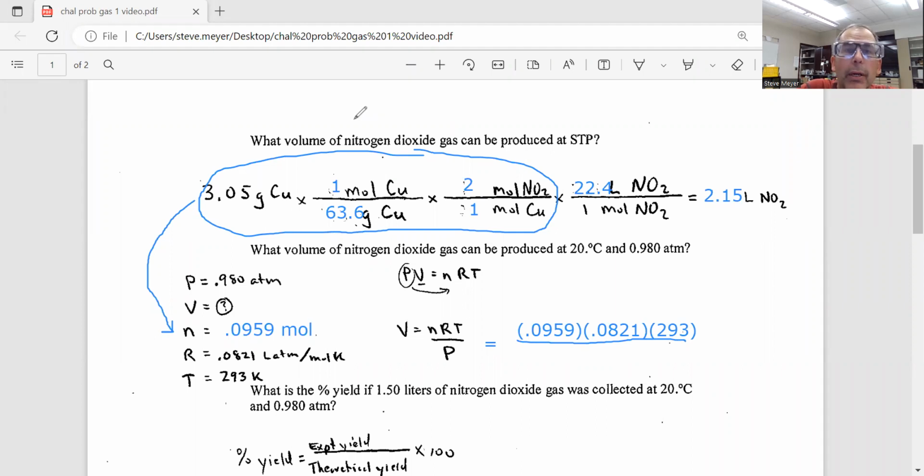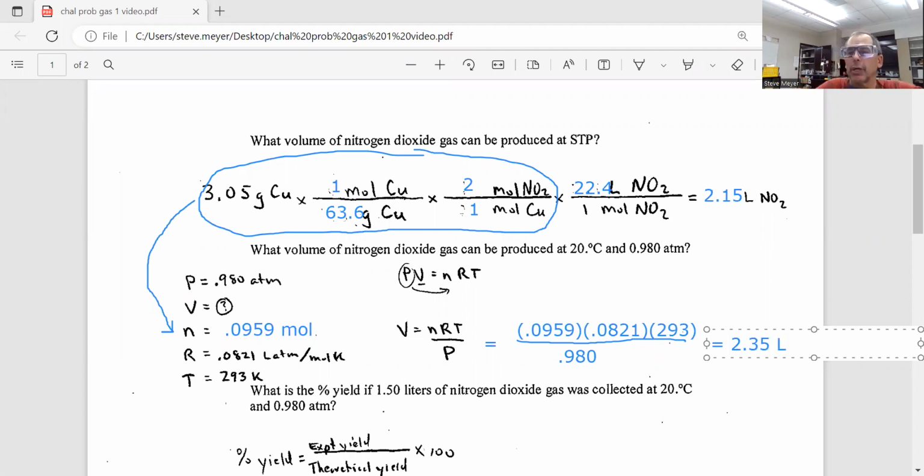So let's put 0.980 there. And what do we end up with? I think it equals 2.35 liters.